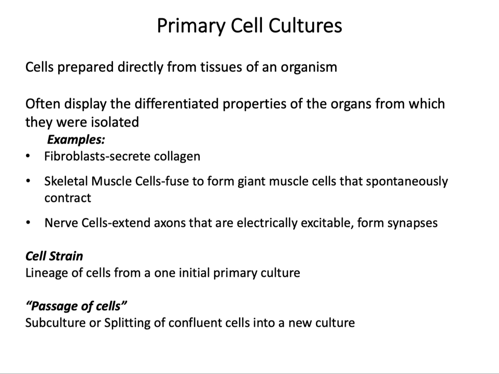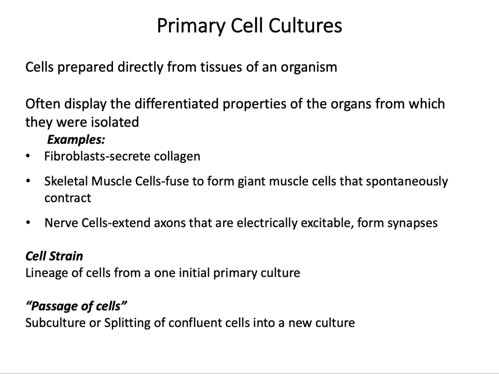So for example, primary fibroblasts will secrete collagen, skeletal muscle cells will fuse spontaneously and contract, and nerve cells will form synapses and communicate with each other electrically. The disadvantage of the primary cell culture is that the cells have a finite number of doublings, somewhere between 50 and 100 times in the cell culture.